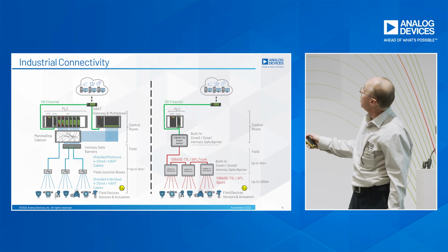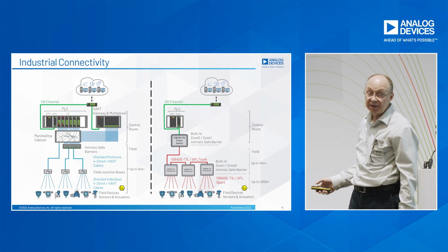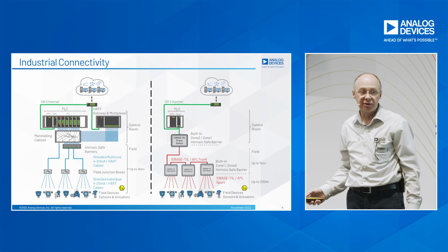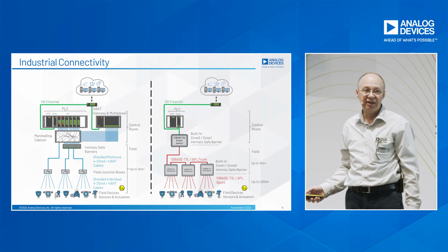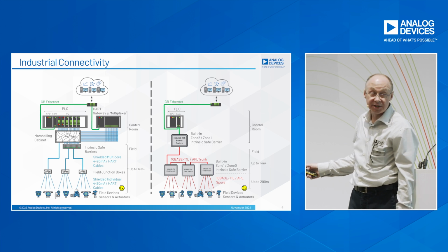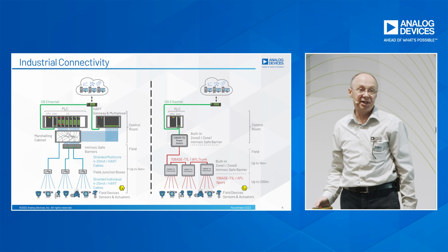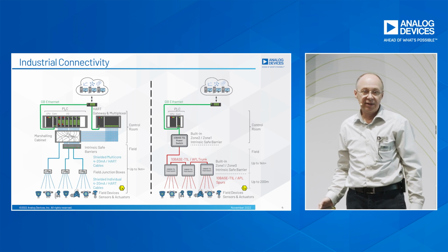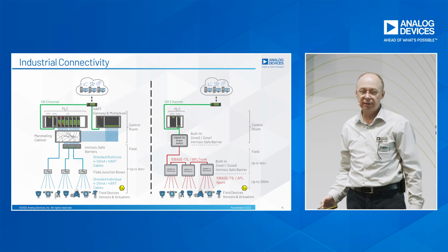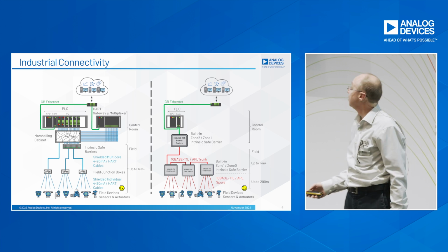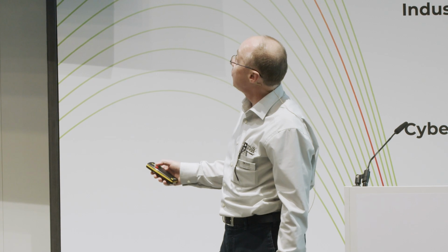Not only can you run the control information between the sensor, actuator and the programmable controller, you can in parallel, on the same wires, get much more data upstream and process it, and again use it for improving the efficiency and sustainability of manufacturing. So now let's dive deeper here.